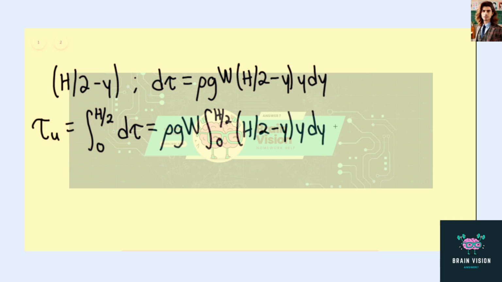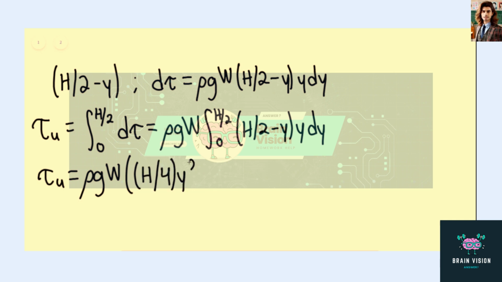And so this is going to equal density g w times h over 4 y squared minus y cubed divided by 3, evaluated at 0 and at h over 2.